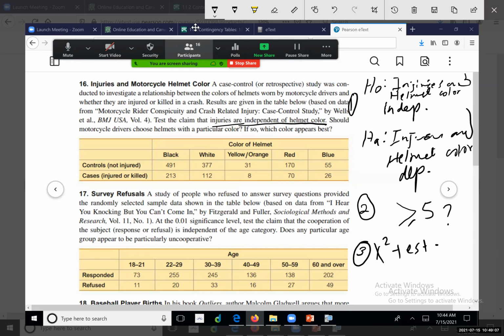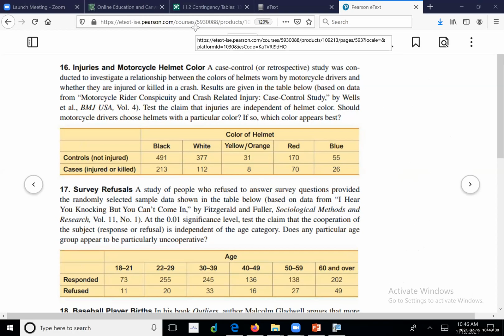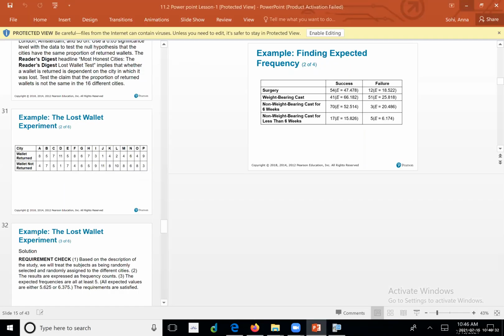Okay, so here is our matrix. I want you to put it into your calculator as you see here. How many rows? 2. How many columns? 5. So 2 by 5. Go to your calculator and see if you can enter it.